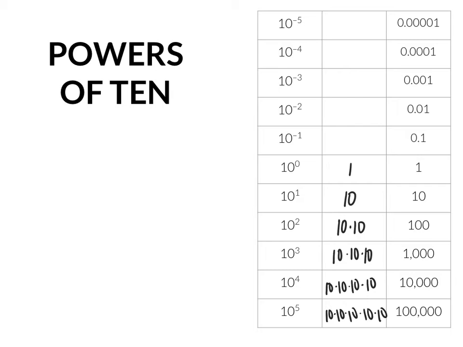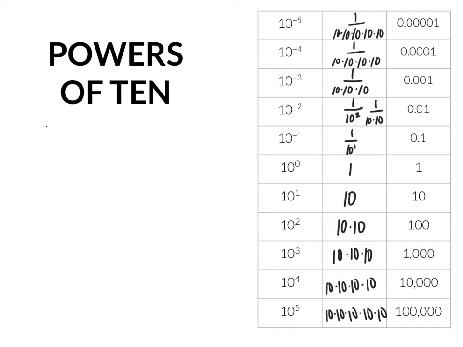So 10 to the -1 power is really 1 over 10 to the first power, which gives us 1/10. 10 to the -2 power is 1 over 10 to the second power, or 1 over 10 times 10, which is 1/100th. And the pattern continues all the way to 10 to the -5th power, or 1 over 10 to the 5th power. All of these get multiplied by some number between 1 and 10.